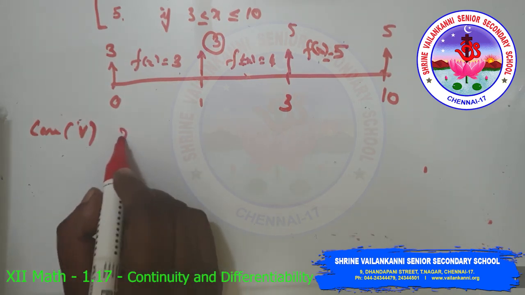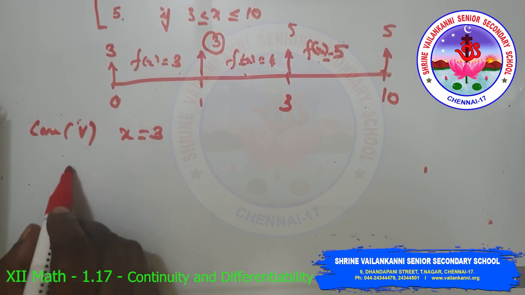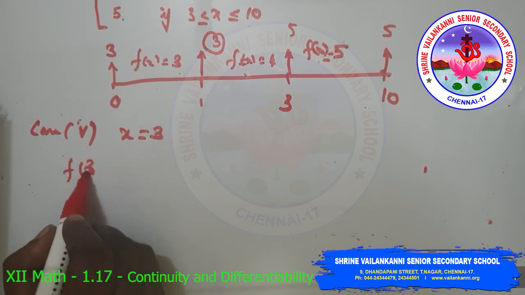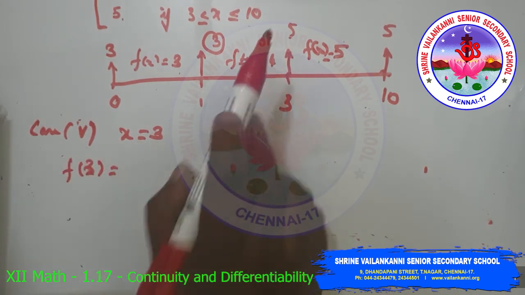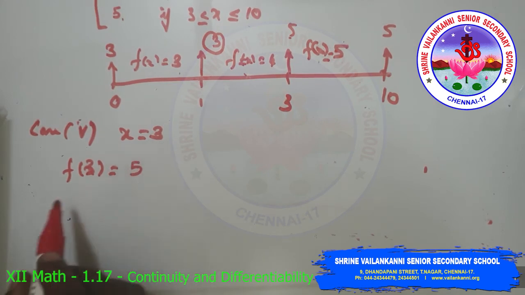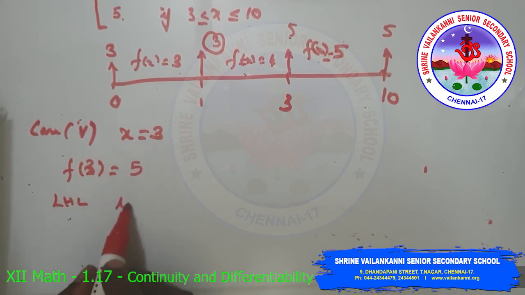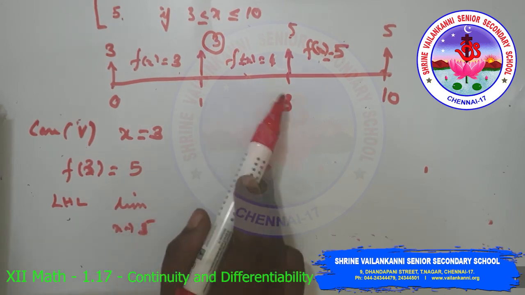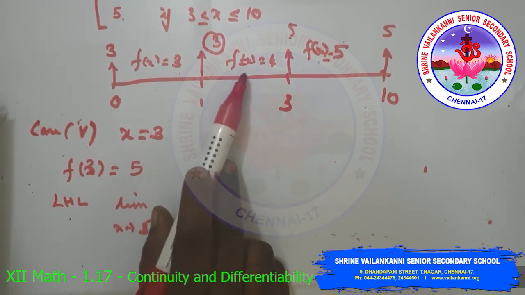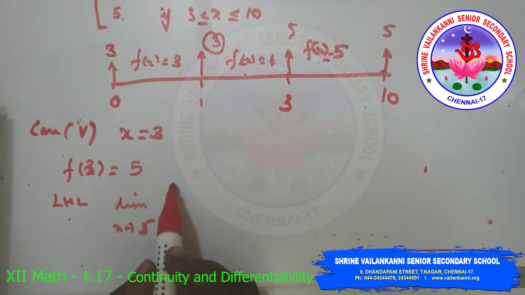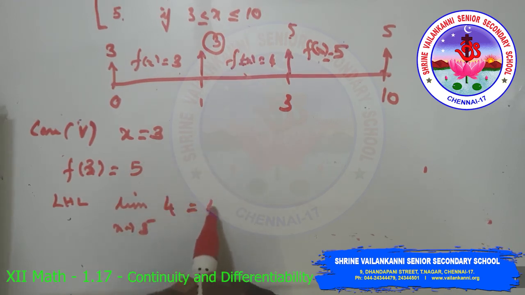So case 5, at x equal to 3, we have f of 3 equal to 5. It is defined to be 5. So left hand limit, x tends to 3 minus: to the left of 3 the function is defined to be 4, so it is equal to 4.